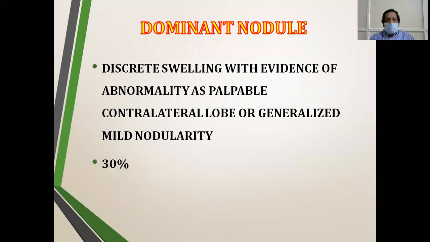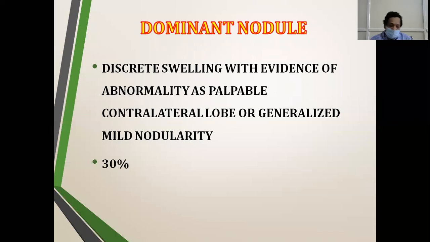Now, what is a dominant nodule? Here, dominant nodule means there is a discrete swelling with evidence of abnormality, such as a palpable contralateral lobe or generalized mild nodularity. The whole gland is abnormal. There may be multiple nodules or a mild nodularity. Both lobes are involved, maybe unequal: one side more enlargement, other side less.